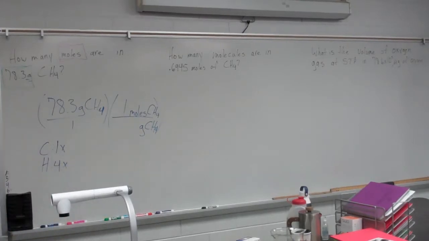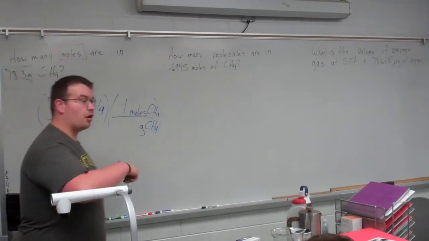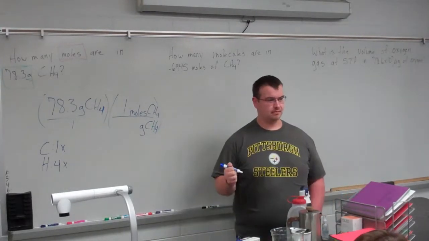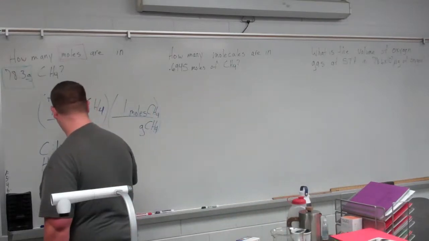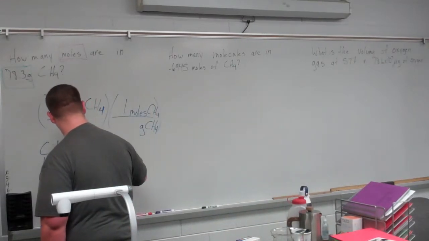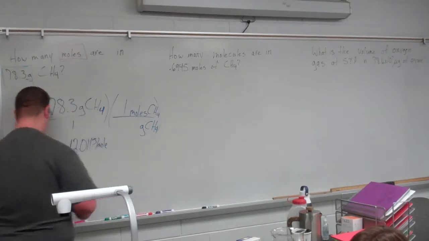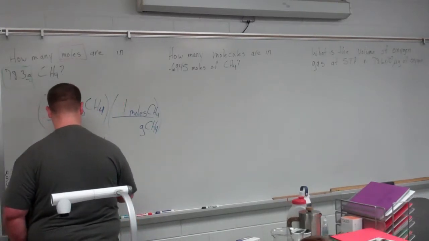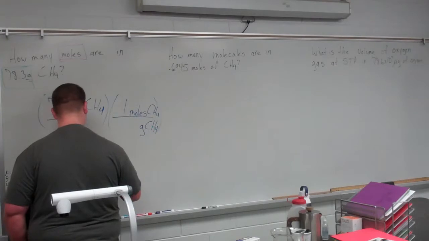Whoa, we're zoomed in. So go to carbon. What's the average atomic mass of carbon? 12.011. That's grams per mole. What is the average atomic mass for hydrogen? 1.008 grams per mole.